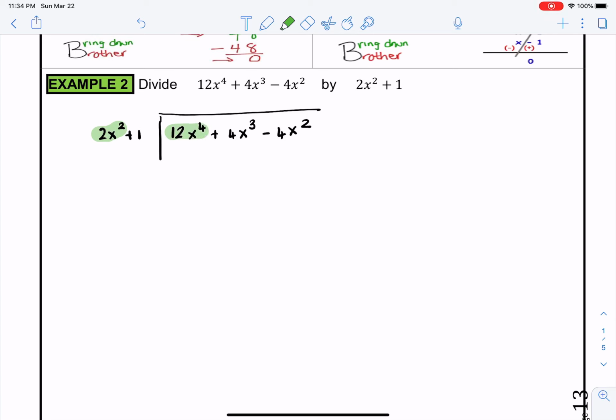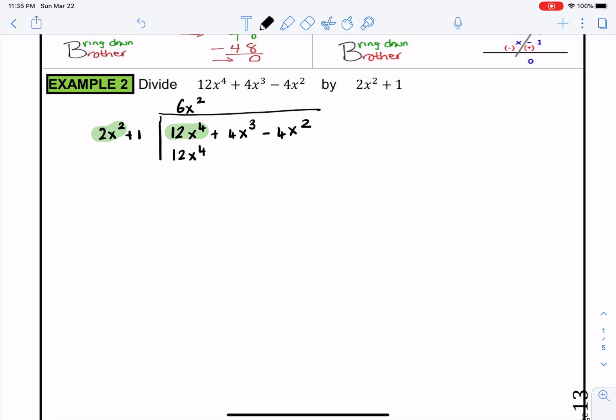So I look at 2x squared, I look at 12x raised to 4, and I'd like to multiply 2x squared by some expression so that I get 12x raised to 4. So 6x squared when multiplied by 2x squared would give us 12x raised to 4.